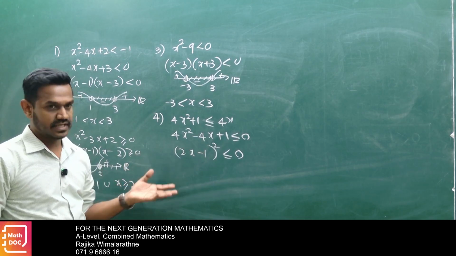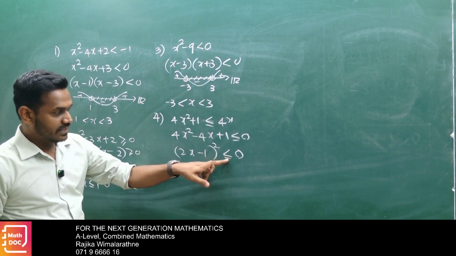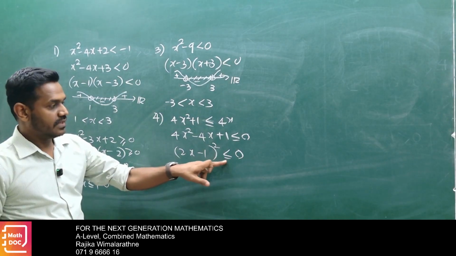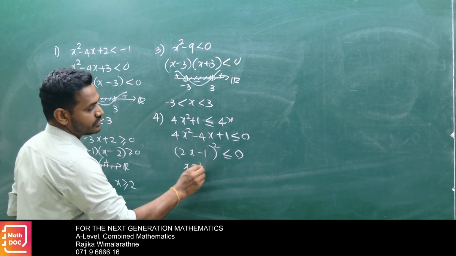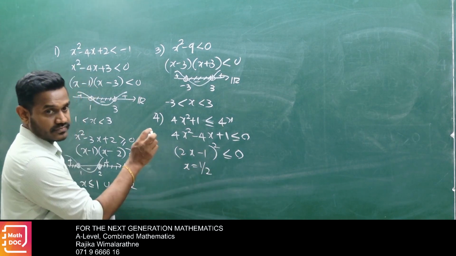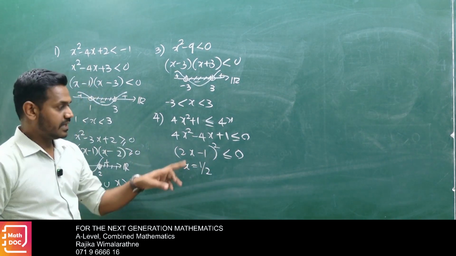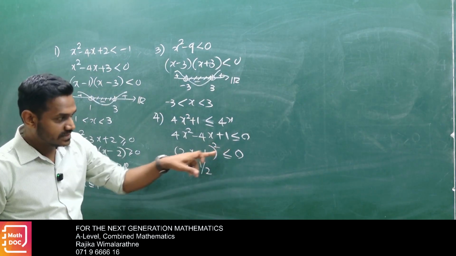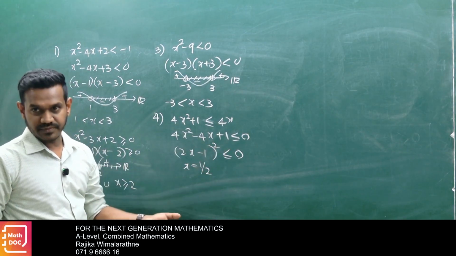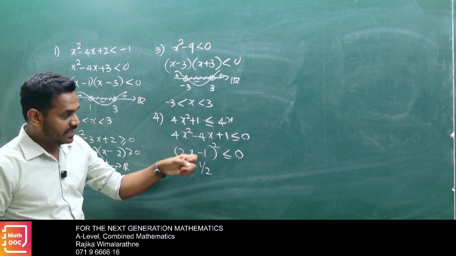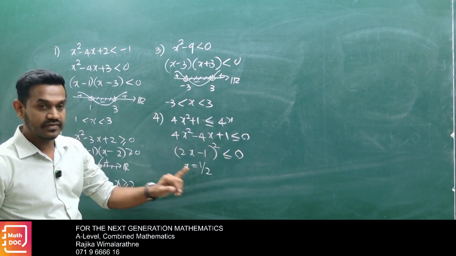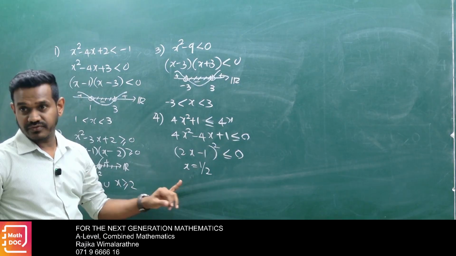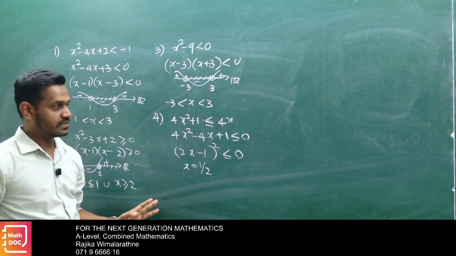Then the inequality won't hold, but equality does. Equal to 0 can happen for x equal to half only. No other solutions. We have only half. The less than part is impossible. The equal to 0 part is possible. So only for equality we have the solution half. No other solutions, no?